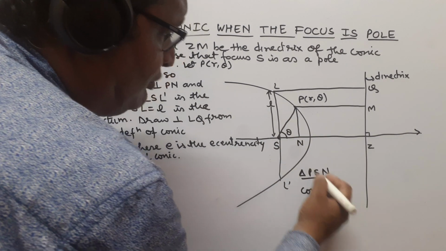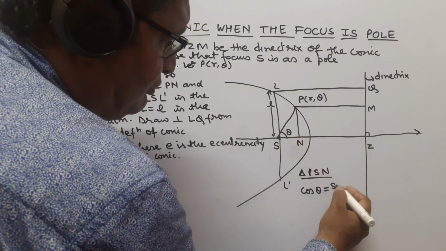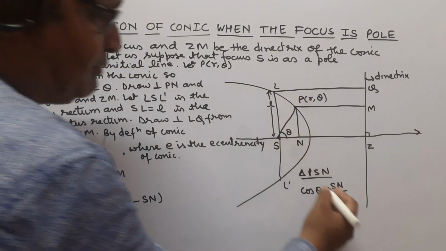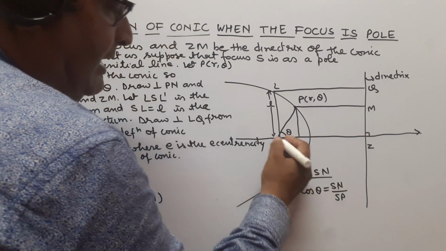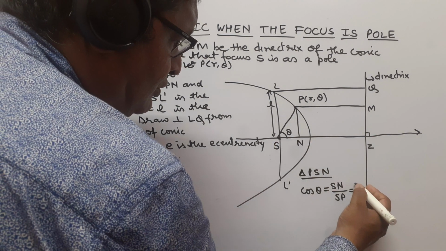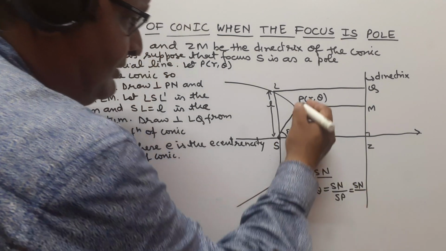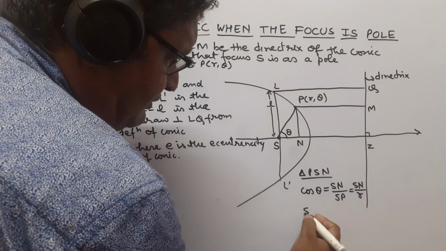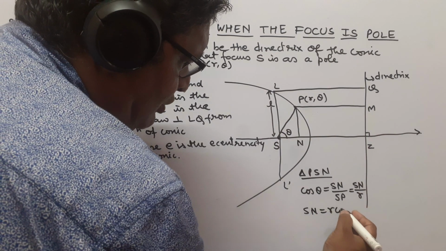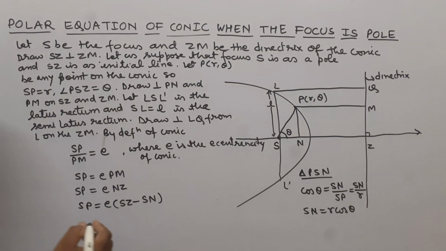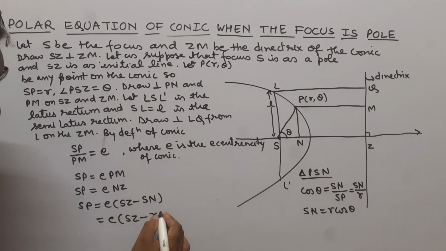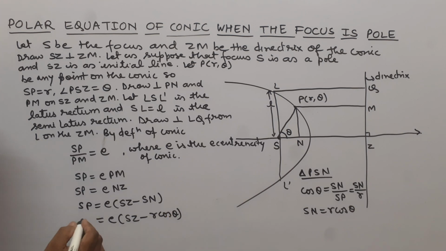Cos theta is equal to base upon hypotenuse, so SN can be written as r cos theta. So SP is equal to e times (SZ minus r cos theta).